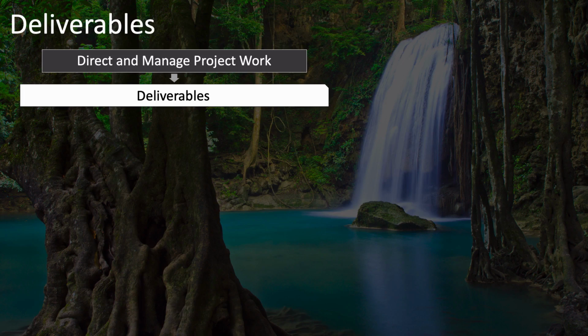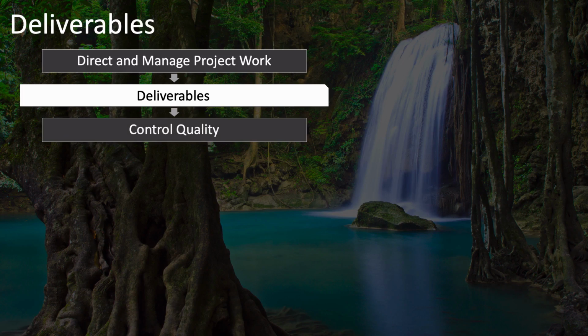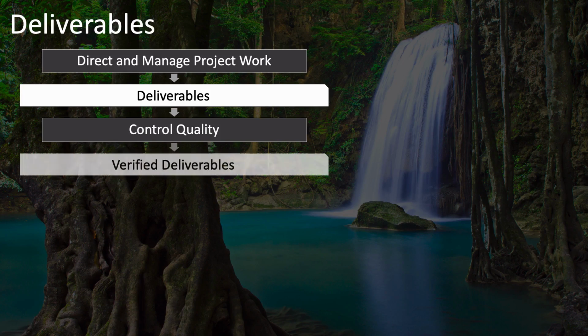What then happens to those deliverables? They then go to the control quality process, where they're compared against the quality requirements to see if the quality requirements have been met. And if they have been, these deliverables are given a new name, which is verified deliverables.